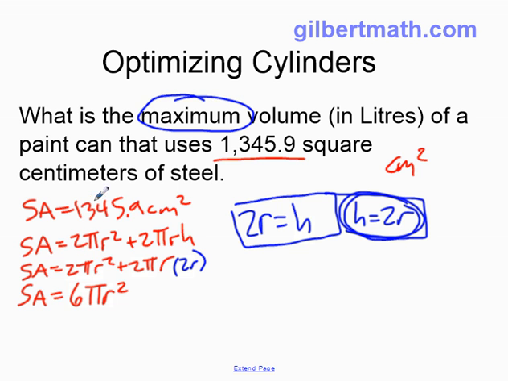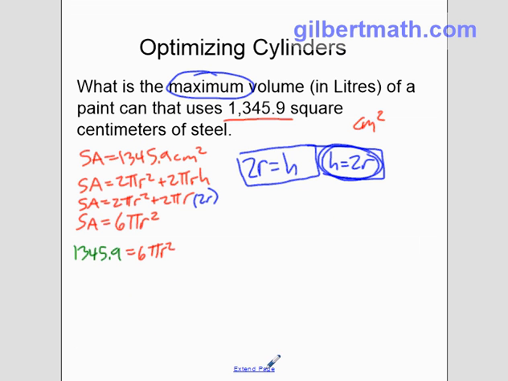All right. From here, what we're going to do is take the surface area, which we already know, and plug it in. So we get 1,345.9 is equal to 6 pi r squared. In the end, we're looking for the volume, but first we have to find the radius.